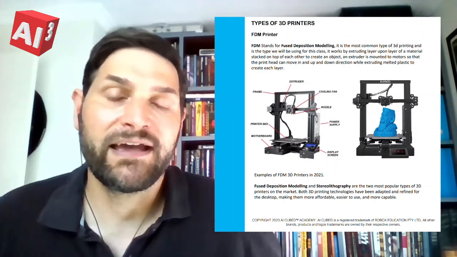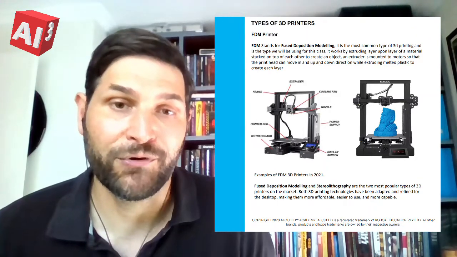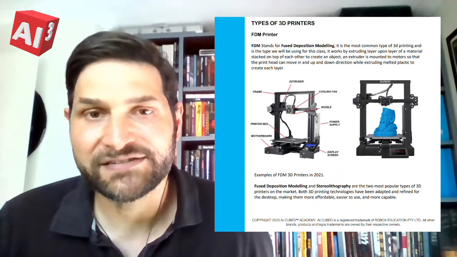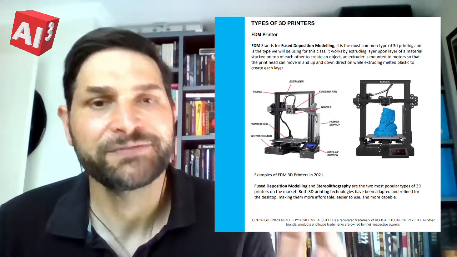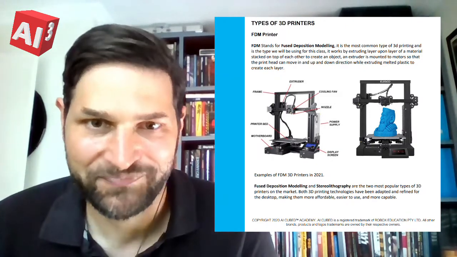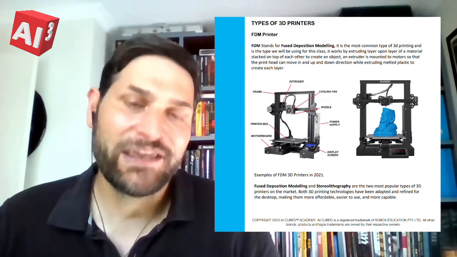It's a pretty simple, efficient, and robust way of building a model, and it's really well suited for beginning projects, giving us a pretty high percentage success rate. We'll talk about what can make a 3D print fail in a moment. So I'll let you read the other types of 3D printer models, and then we'll move on to our next section.